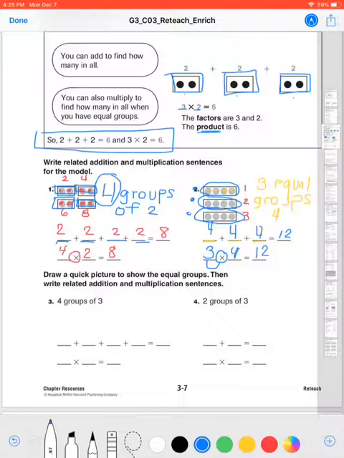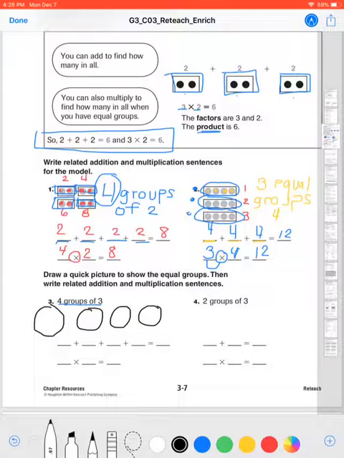Now, down here it says draw a quick picture to show the equal groups. Then write related addition and multiplication sentences. So our question here says 4 groups of 3. So we need to draw 4 groups first. I'm going to draw circles. So we have 1 group, 2 groups, 3 groups, and 4 groups.